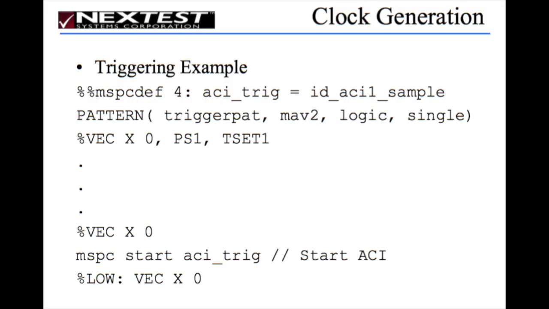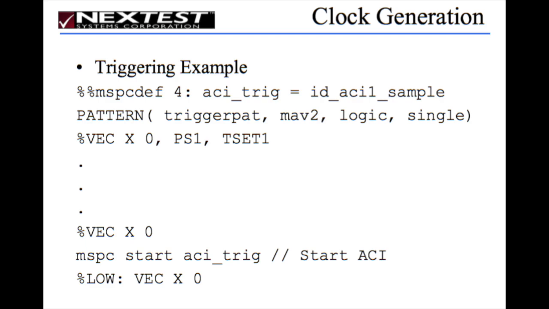Here's a triggering example. MSPCDF 4 ACI trigger equals ID ACI1 sample. Pattern trigger pat MAV2 logic single. And we say VEC X0 PS1 timing set 1.